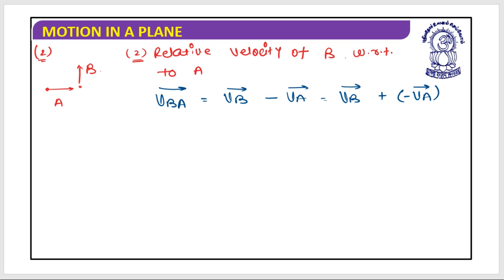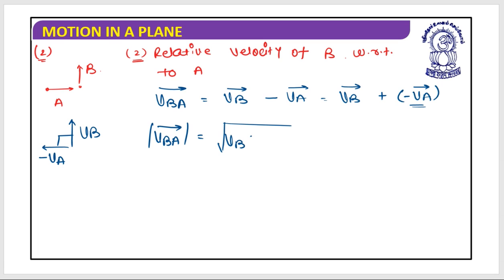So if I redraw the structure, I require a minus of VA. So this is velocity of B and this is the vector of minus VA. As I can see, the angle between these two is 90 degrees. So when I find the magnitude of this, VBA, it is equal to root of VB square plus VA square.